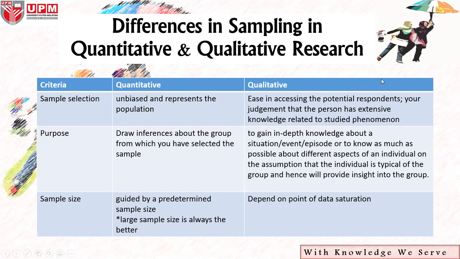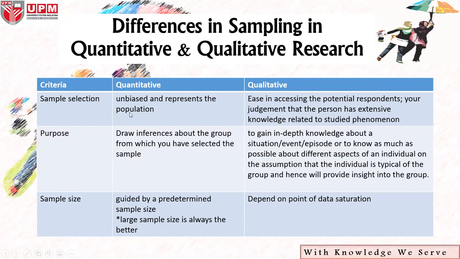How much the easier we assess our respondent, and then we know that the respondent can best represent the case that we want to study. Kita tahu yang respondent ni ada knowledge, okay, regarding the topic that we want to discover. Itu untuk quali, memang ada bias, okay, tapi memang itu the best for qualitative.